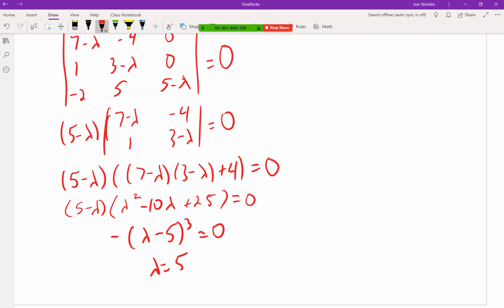I told you I could screw up the determinant. So here we know that the algebraic multiplicity is 3, because we see that power of 3 on that lambda minus 5 factor.